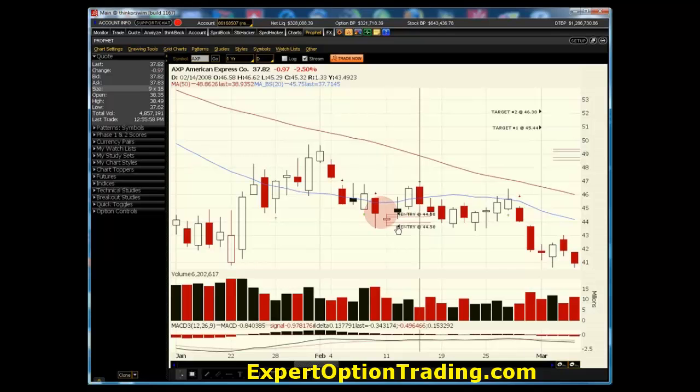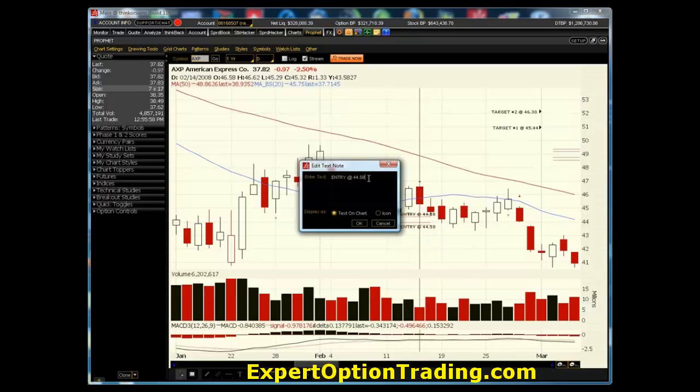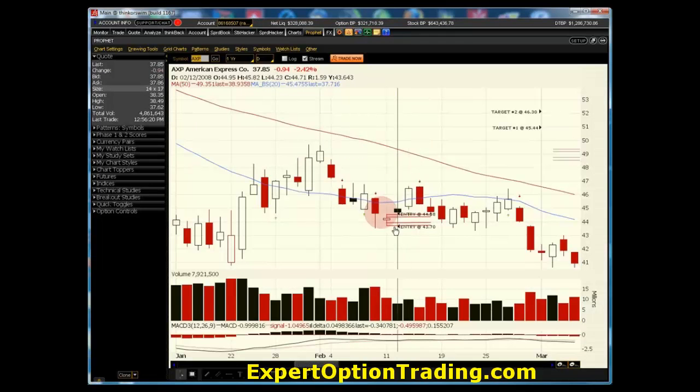At the same time, what we want to do is create our entry price for the lower end of the trade. If you take a look at this bar again, you can see that the low is $43.71. So we want to subtract a penny from that and create our entry at $43.70 short.